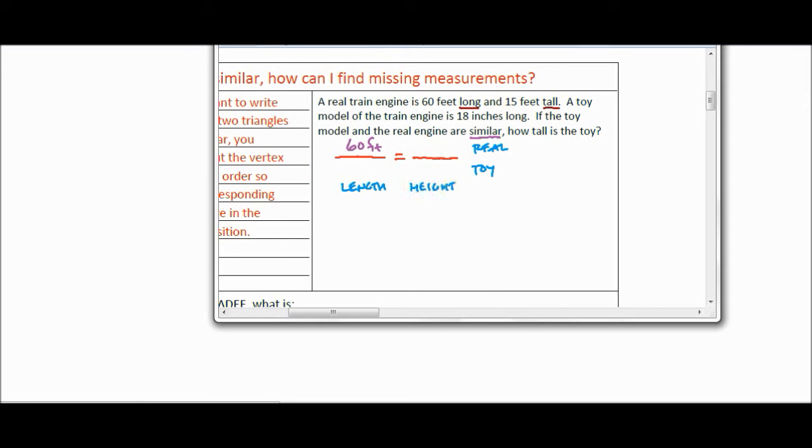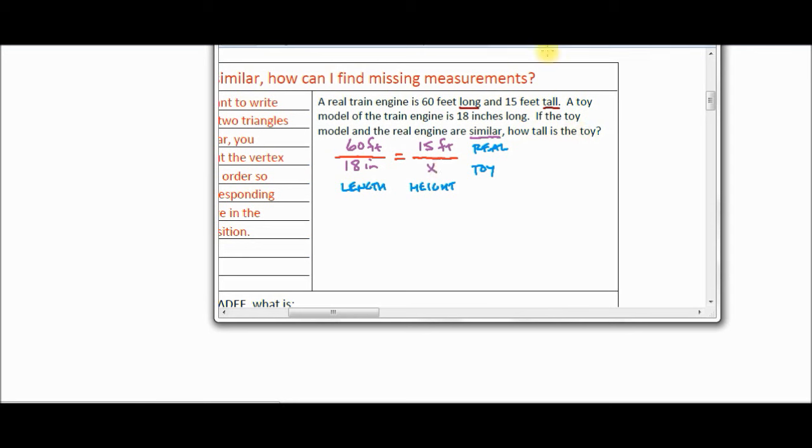So our real height is 15 feet. Now for our toy, we know that the length is 18 inches. So here's our toy length. It's going to be 18 inches. And the height of our toy train is what we're looking for. How tall is the toy? That's going to be our variable x.